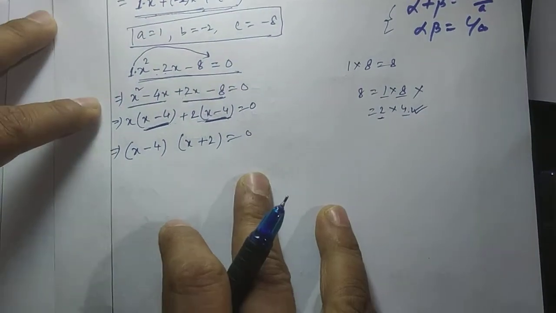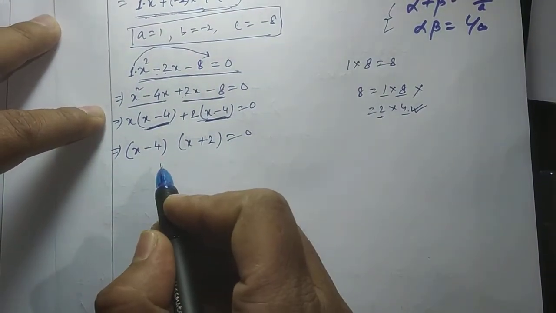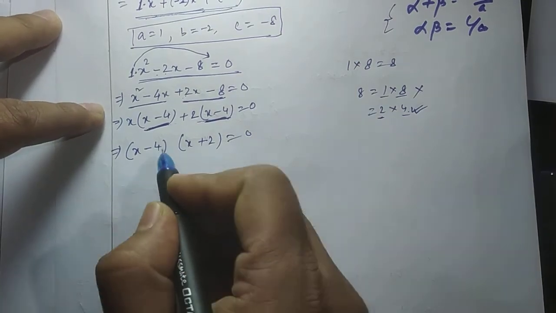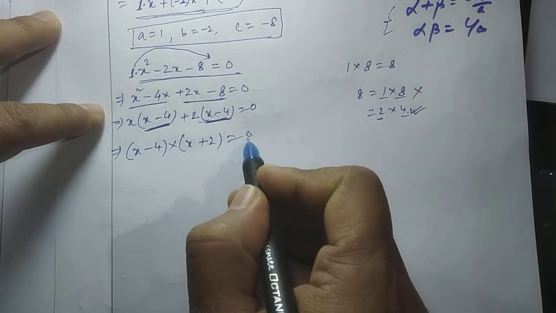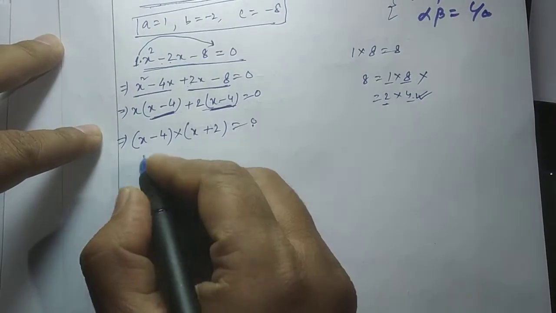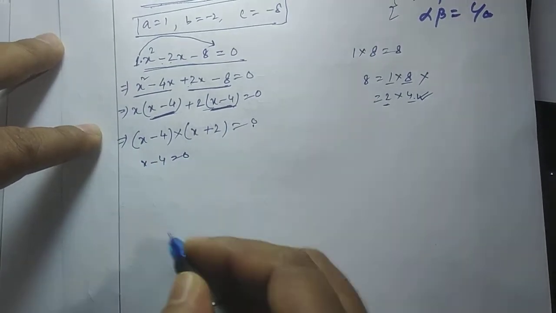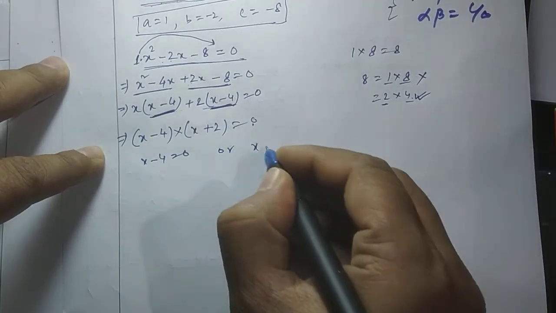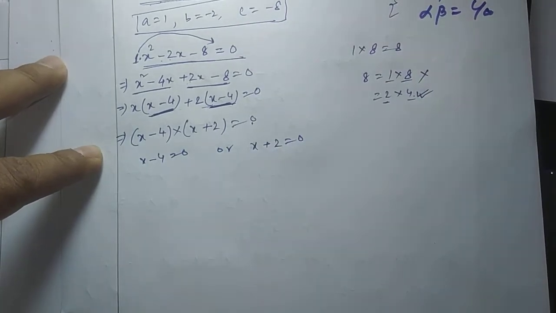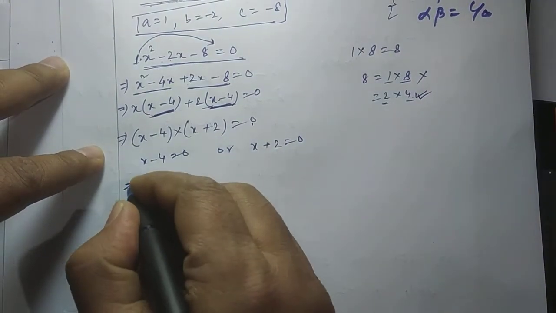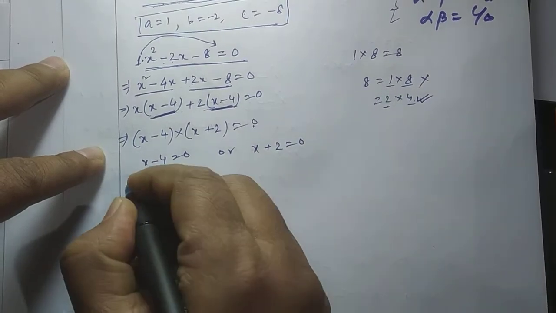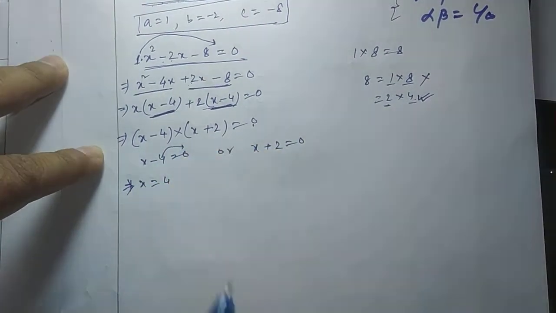Correct? In this way, we have got two linear factors in the left hand side, and it is multiplied and equal to 0. So we can claim either first factor is 0 or second factor is 0. Now from the first factor we get x equal to 4 by taking 4 on the right hand side. Correct?